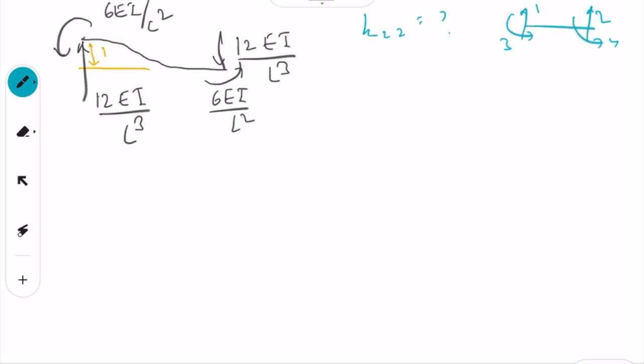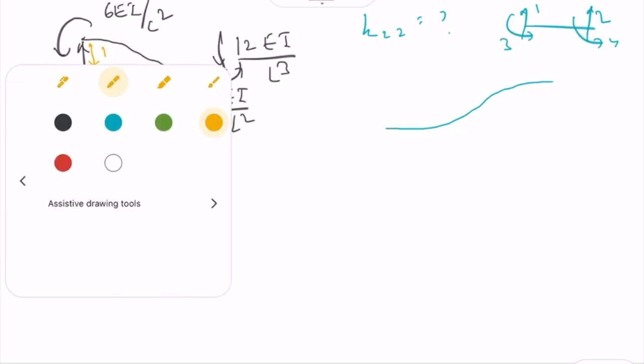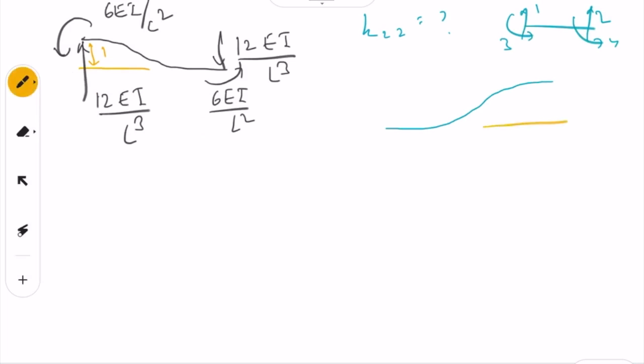So that means that we are going to fix 1 and 3 here, we apply a displacement 1 here, right. So our system in that case will be like this. So we are going to fix here and we are going to apply displacement of 1 here. This is the 1 displacement.